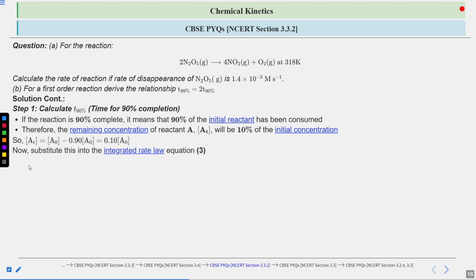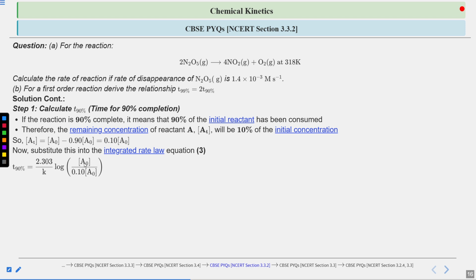Okay, so now substitute this into the integrated rate law equation, which is going to be our equation third. The equation third we derived was for t. So t at 90% is going to be equal to 2.303 by K log of initial upon final. This was the formula.